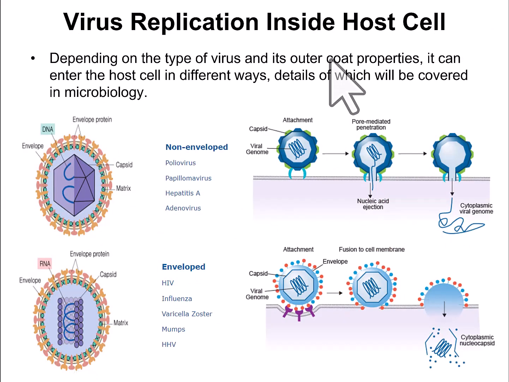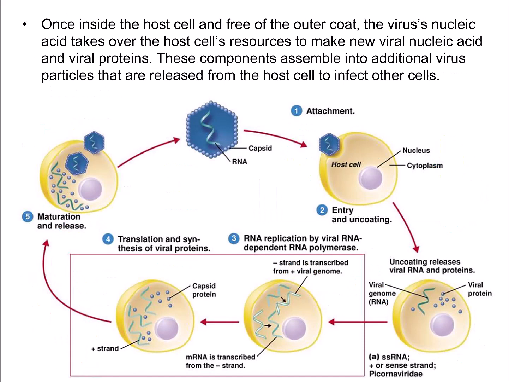Virus replication occurs inside a cell, and depending on the type of virus and its outer coat properties, it can enter the host cell in different ways, the details of which are going to be covered in microbiology. But once it enters that host cell, it's going to induce that host cell to make more of the virus, and then the virus is going to be released.